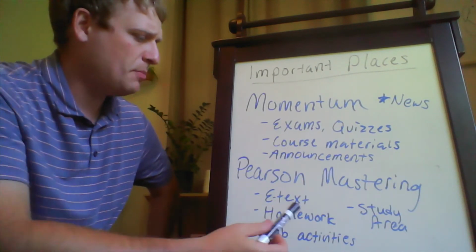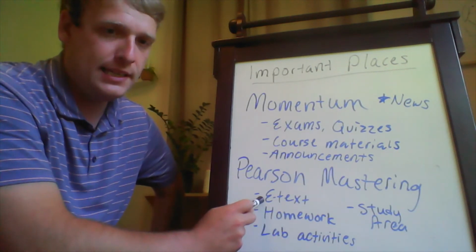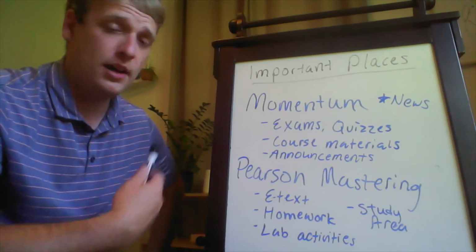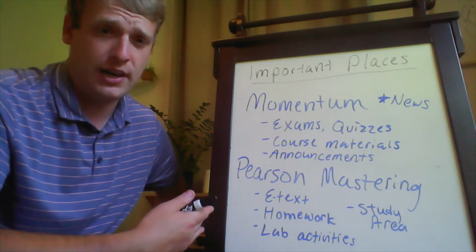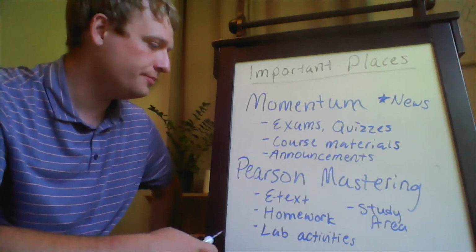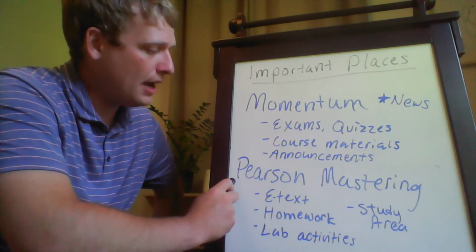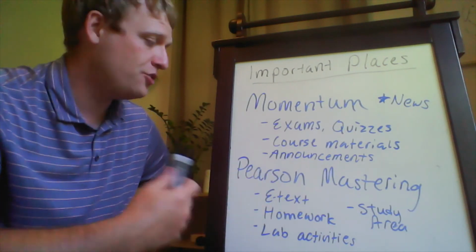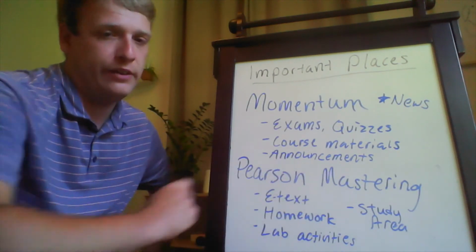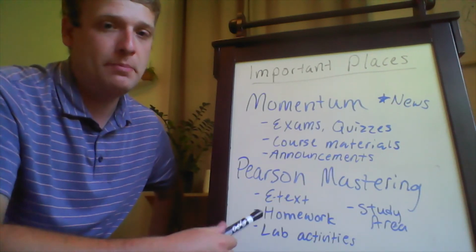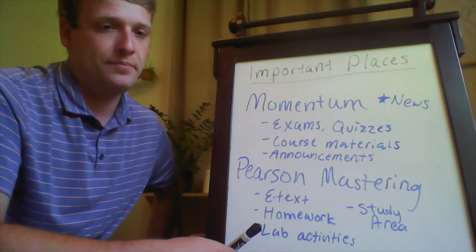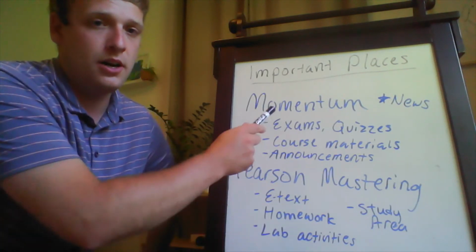Through this platform, you can access the e-text, the online digital version of your textbook that you all should have access to. Now, I have instructions for registering for Pearson's Mastering platform that I've already posted in the course content section on Momentum.